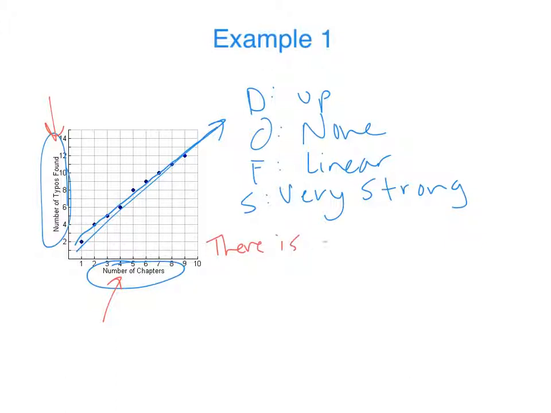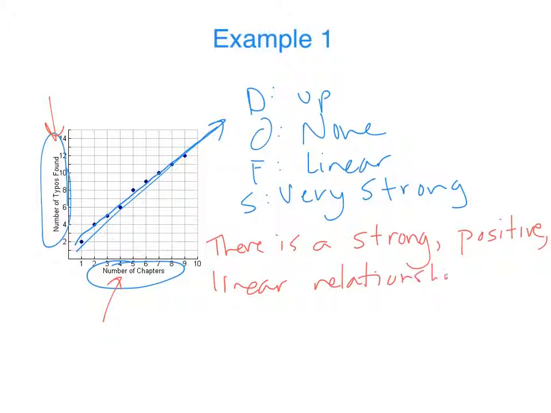There is a strong, or very strong, comma, positive, linear relationship between, and this is where you add context, number of chapters and number of typos found.